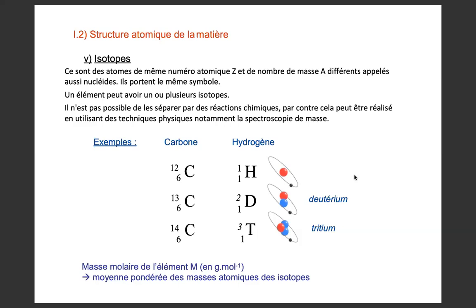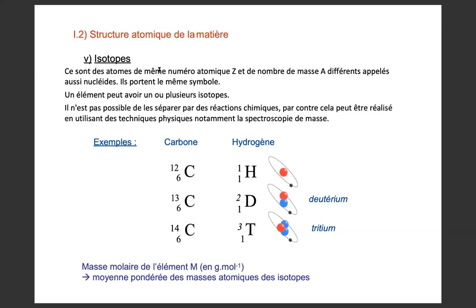That's the mass. So in other words, it differs in the mass number, not in the atomic number Z. So isotopes are atoms of the same element having the same atomic number, or number of protons, but differing in mass. Here, if I use protons it may confuse you, because protons add up to the mass.